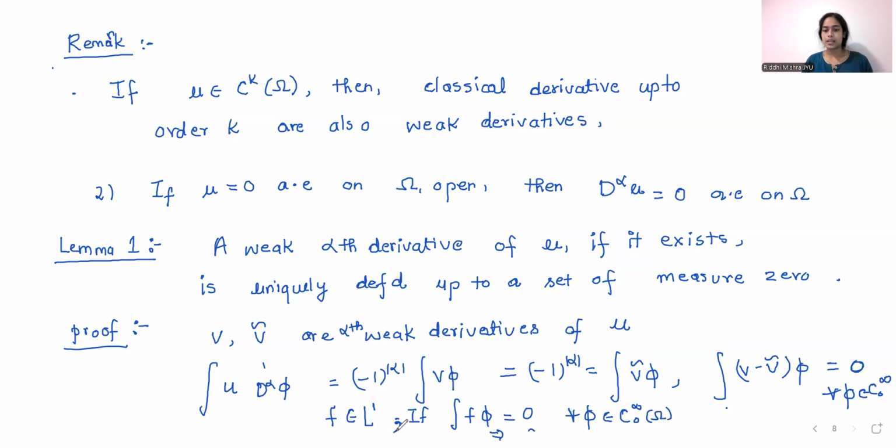This implies that f is equal to 0 almost everywhere. So using this result, I conclude that v minus v tilde is 0 almost everywhere. This means that v is the same as v tilde almost everywhere, so it is uniquely defined up to a set of measure 0. Okay.